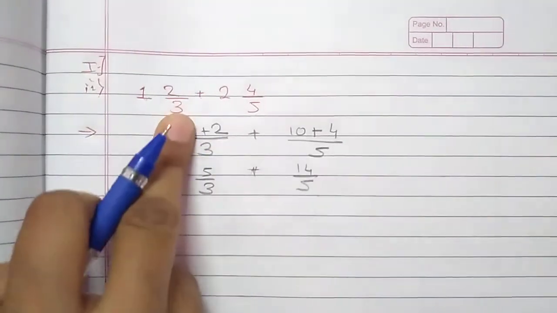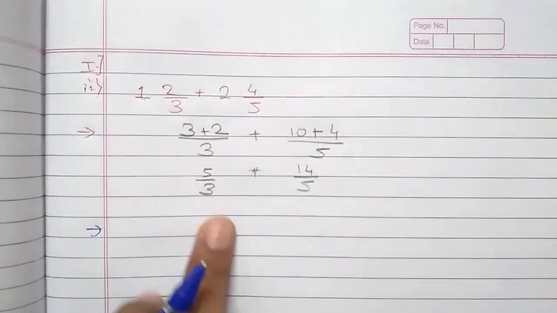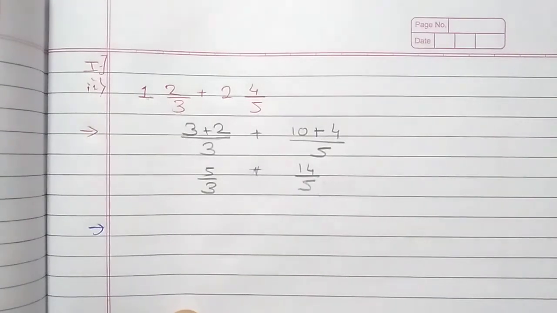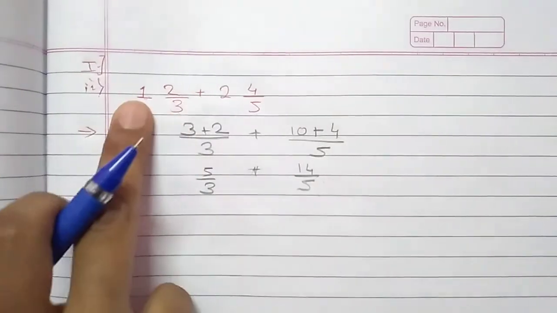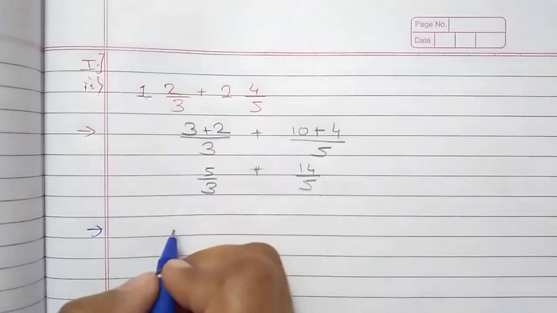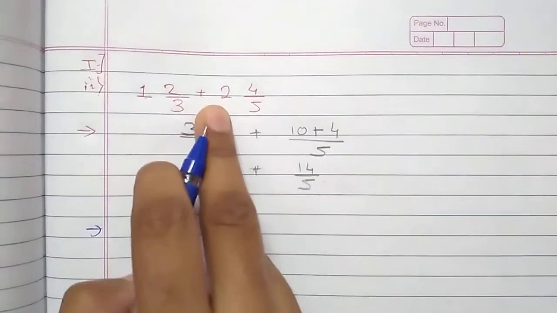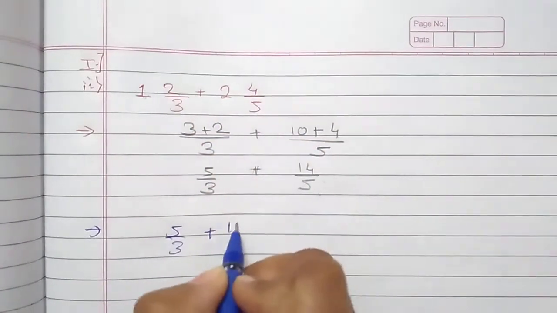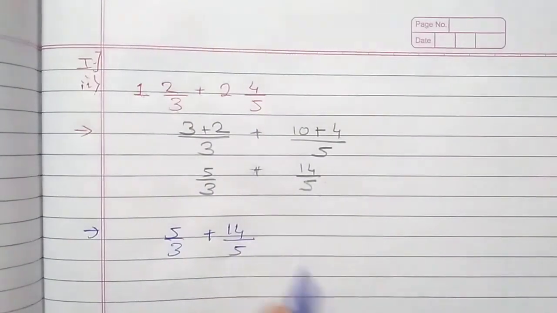Here I will write again, starting this line once again, and how I am doing it you all should concentrate. 3 ones are 3 plus 2, 5, 5 upon 3 plus 5 2s are 10, 10 plus 4, 14 upon 5. Now make the denominator the same.